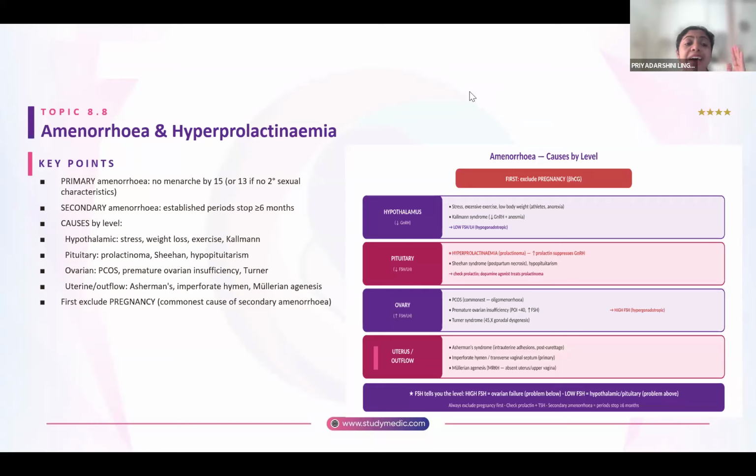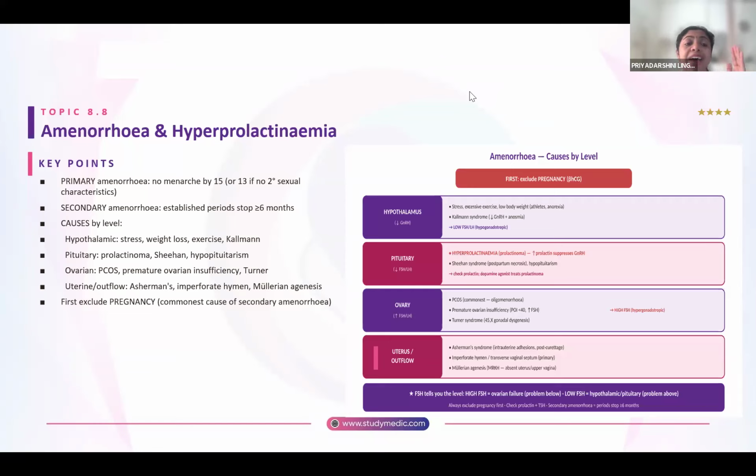Second, let us look into pituitary. If you look at pituitary causes, your FSH, LH levels are going to be low. Another cause of pituitary is your hyperprolactinemia. Whenever the level of prolactin is high, this increased prolactin is going to suppress your GnRH. So this suppression of GnRH will indirectly lead to amenorrhea.